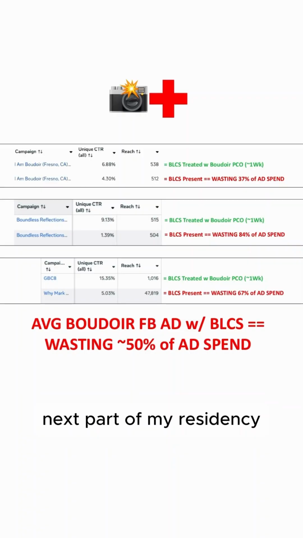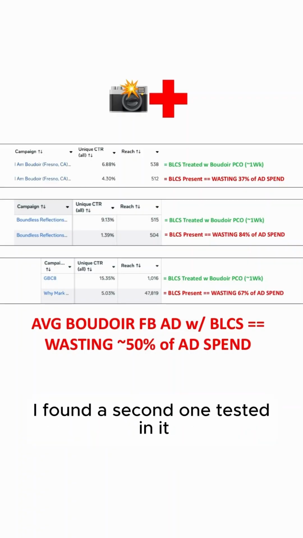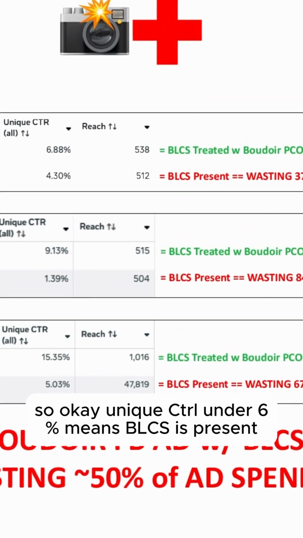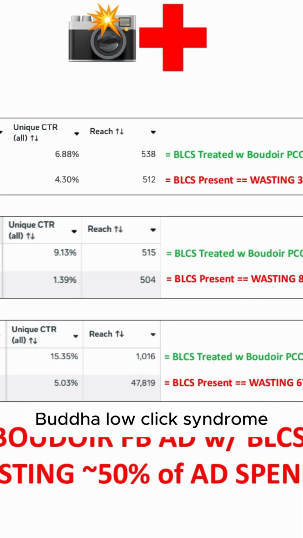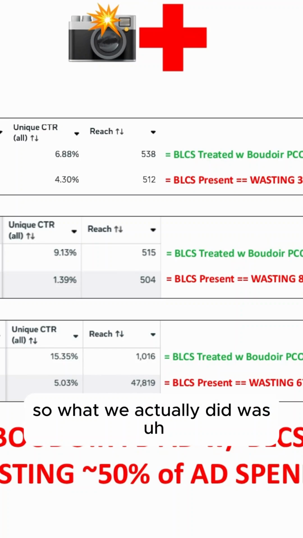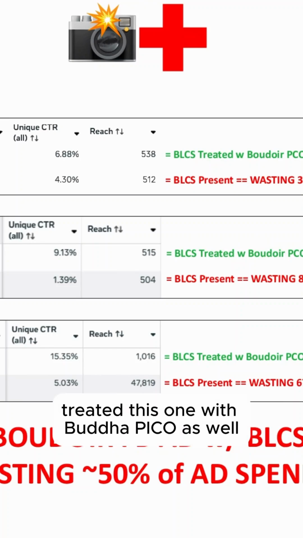Next, in my residency, I found a second one, tested it, and found its unique CTR was 1.39%. So, okay, unique CTR under 6% means BLCS is present, Boudoir low click syndrome. So what we actually did was treat this one with Boudoir Pico as well.